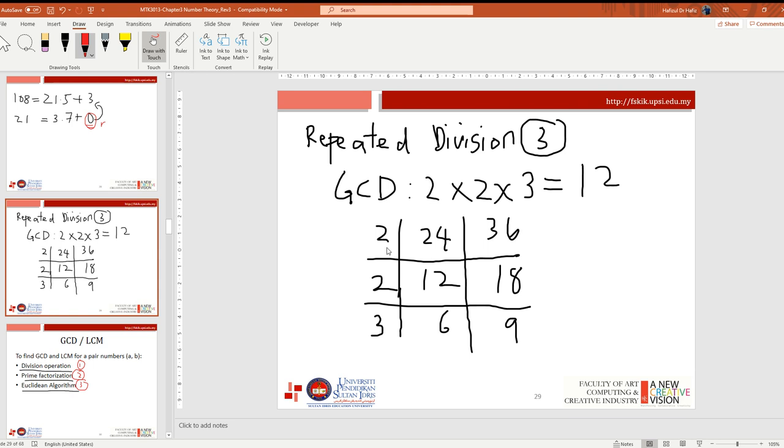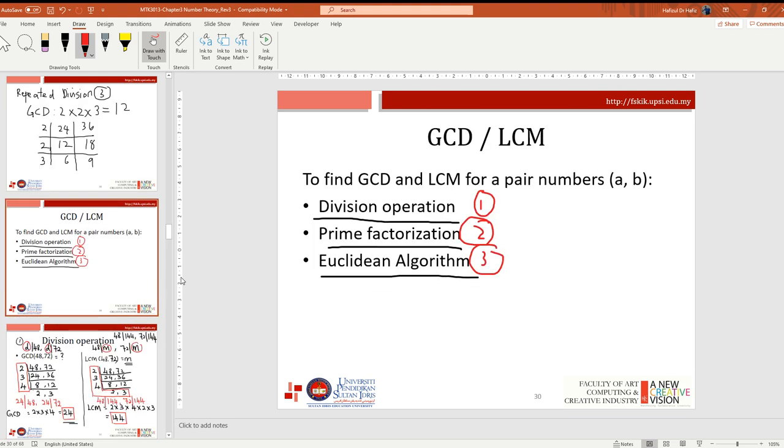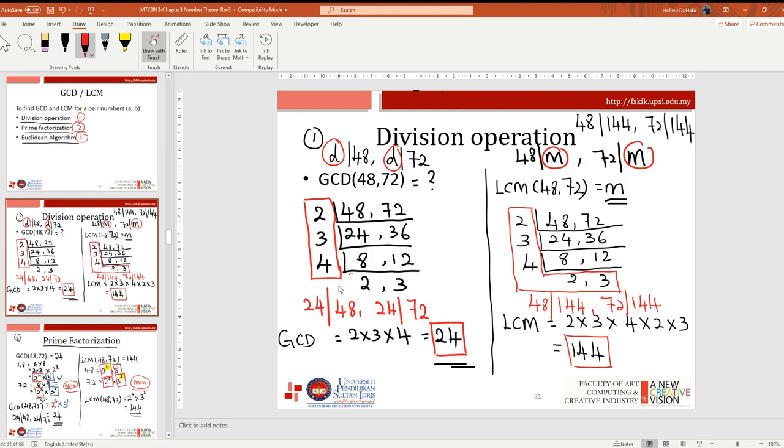Or you can use repeated division: 2 multiplied by 2 multiplied by 3 is equivalent to 12. For GCD and LCM, the common multiple, we have the division operation, prime factorization, and the last one is the Euclidean algorithm. For the division operation, we can have d for the divisor.